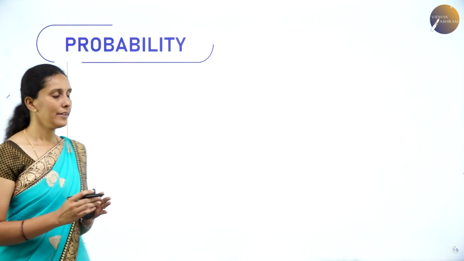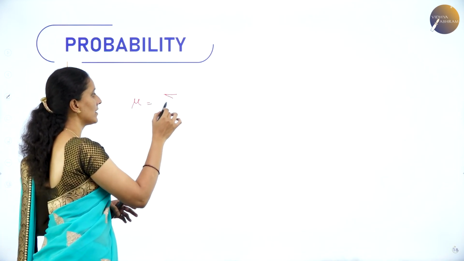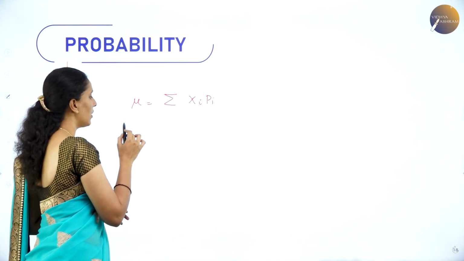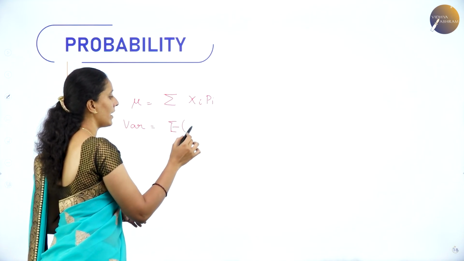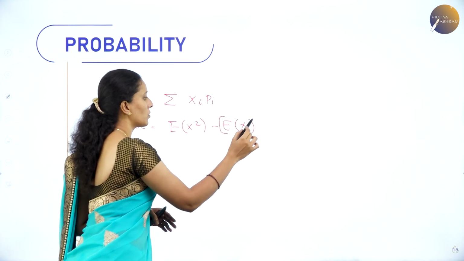So thus, in general, we can write the expectation mu as summation of x i p i, and variance as E of x square minus E of x whole square.